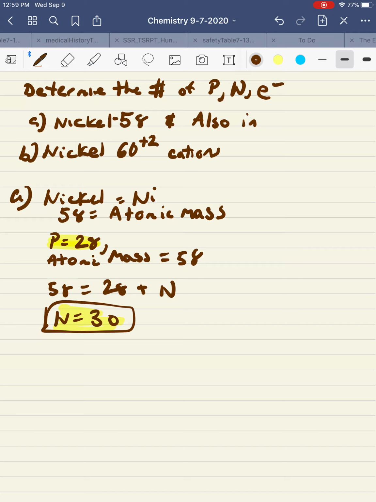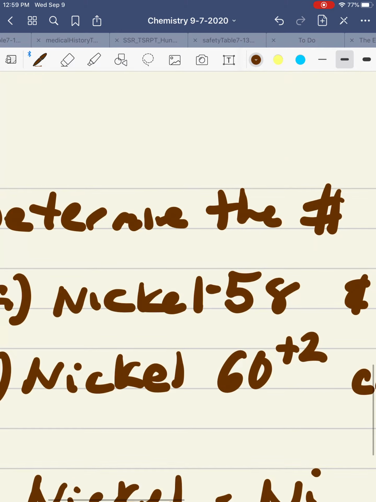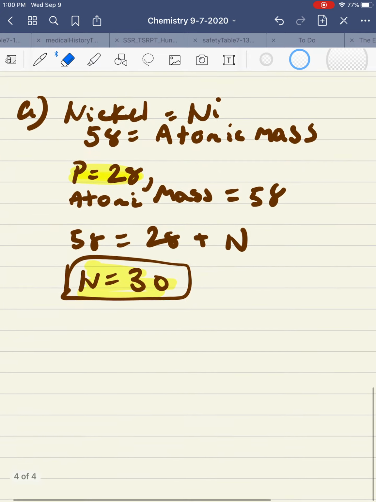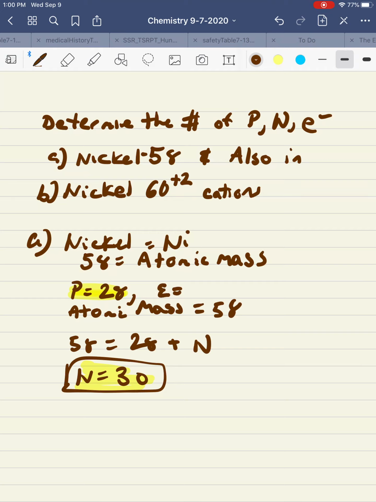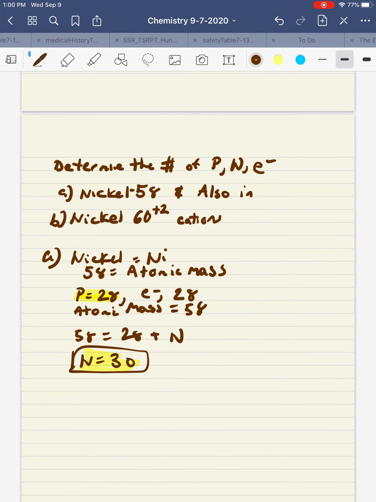If I just say nickel 58 without putting any charge to it, which is what we did right here, you can assume that it is neutral. So the protons is equal to the electrons. So the electrons, let me use the right notation, is also equal to 28. Not too bad.